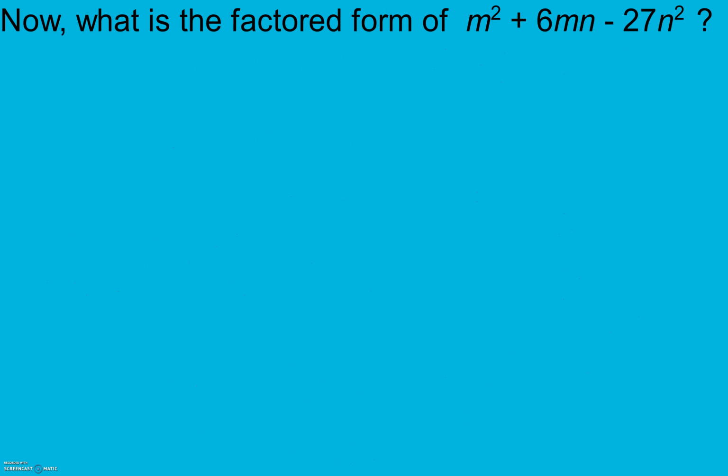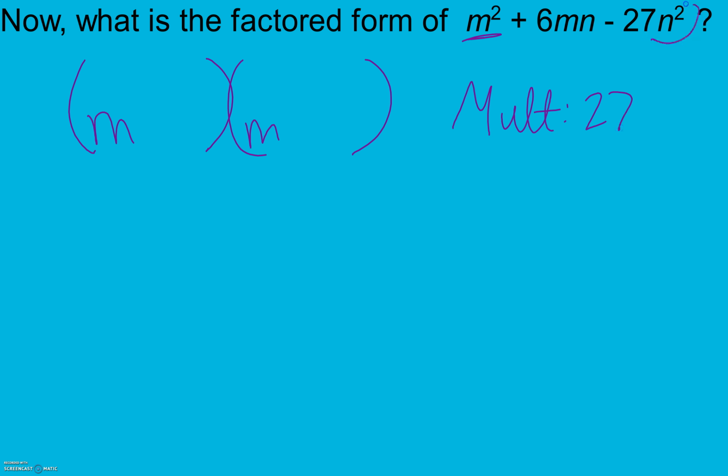Here we're going to factor m squared plus 6mn minus 27n squared. So again, our first step is to set up our framework. M squared is m times m. Now in our last term, we're going to multiply to 27n squared.